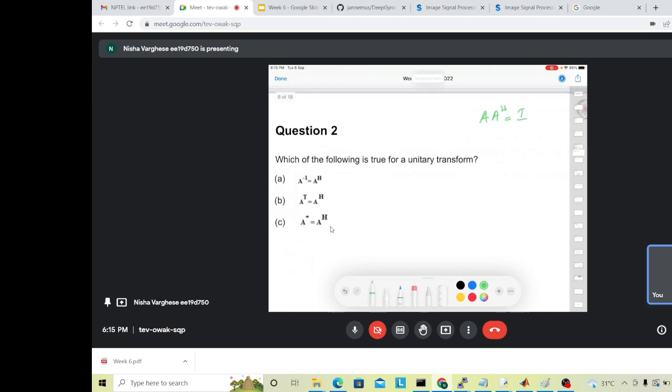Just multiply by A inverse on the left hand side and right hand side. So A inverse A A Hermitian equals A inverse I. So we will get A Hermitian is equal to A inverse. So the answer is A. Okay.